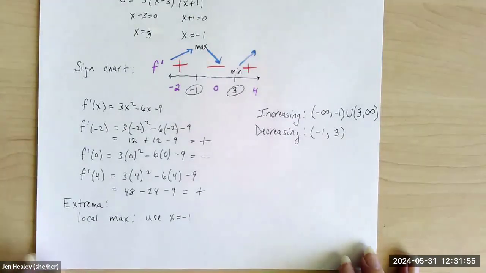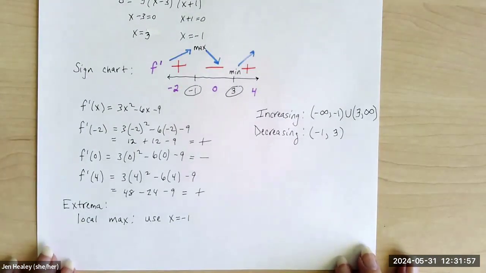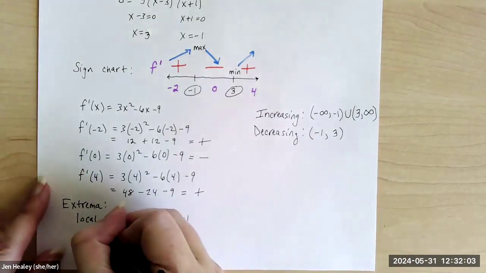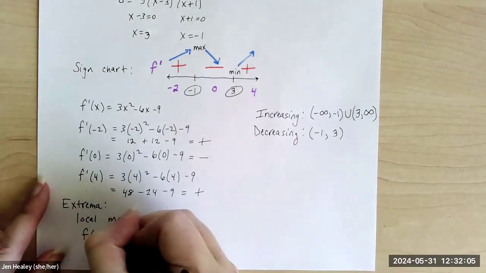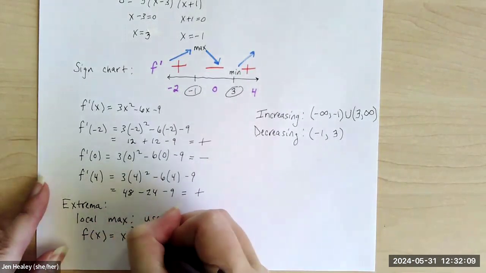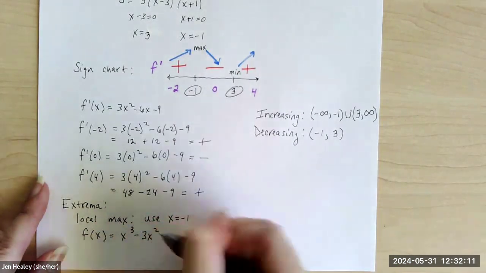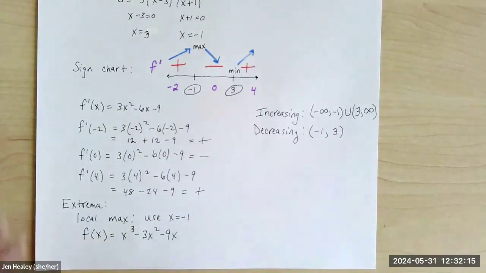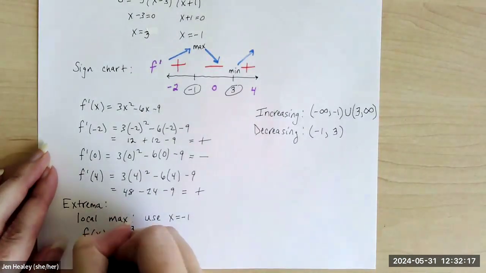OG. We want the original function because when we're doing a maximum or a minimum, we're talking about the function itself. So I want to plug this back into our original function, f of x, which was x cubed minus 3x squared minus 9x. We're going to plug the -1 into that. So we're going to calculate f of -1.